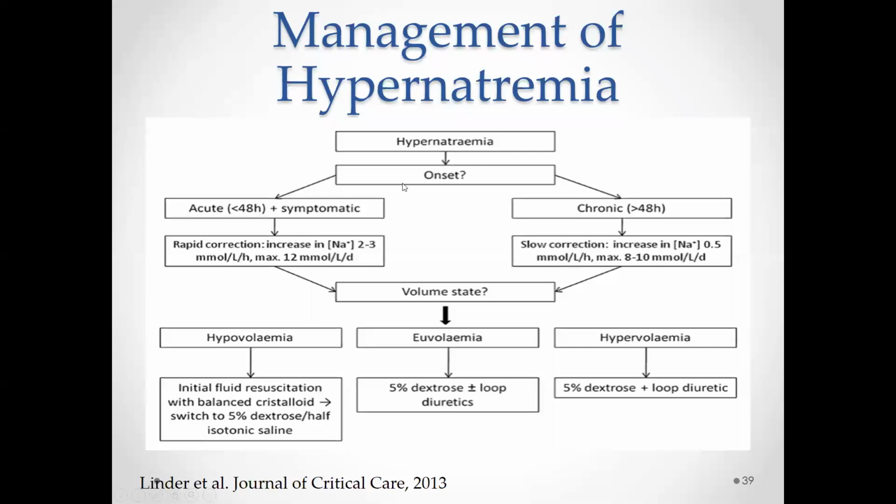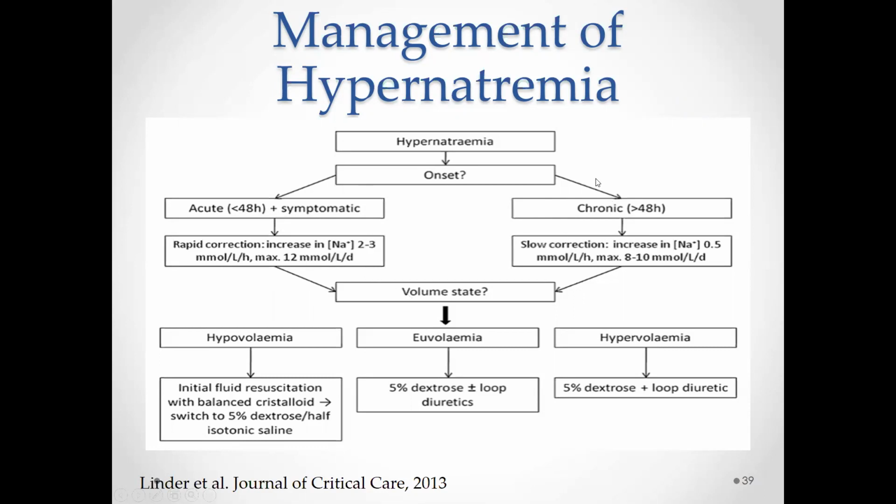Okay, so onset. We look at hyponatremia management. Less than 48 hours is considered acute, plus symptomatic, and in this case we should correct it faster, 2 to 3 millimoles an hour, but a max of about 12 millimoles per day.